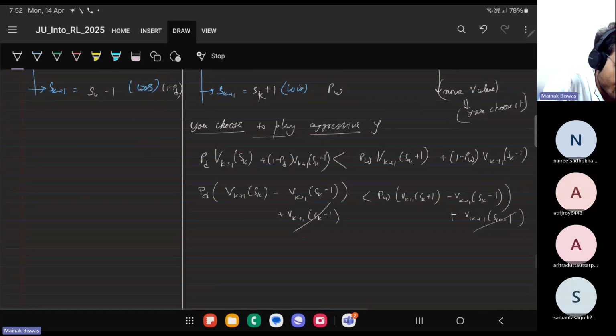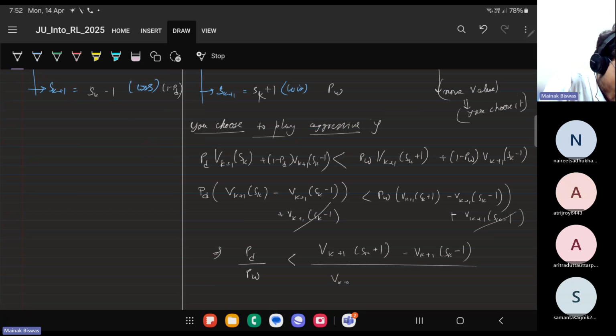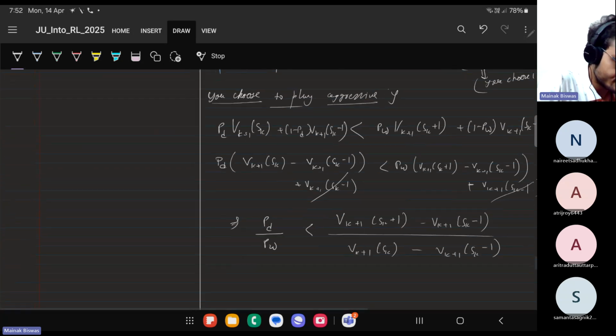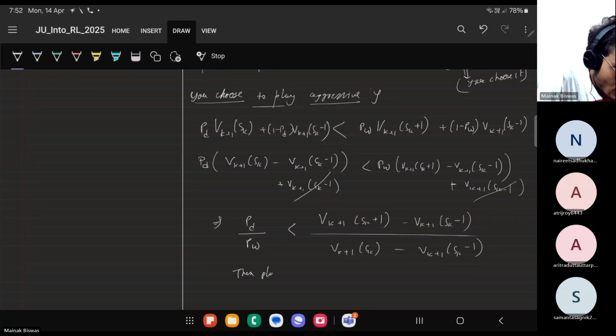This and this cancels. So if PD by PW is greater than or equal to V at K plus 1, SK plus 1, minus V at K plus 1, SK minus 1, divided by V at K plus 1, SK, minus V at K plus 1, SK minus 1, then you play aggressive.